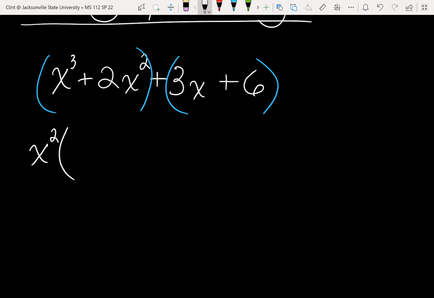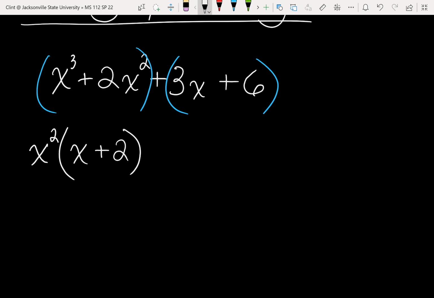Another way of thinking about it is, what would we have to multiply x squared by to get x cubed? x. If we factor out the x squared from 2x squared, we're left with 2. So far.